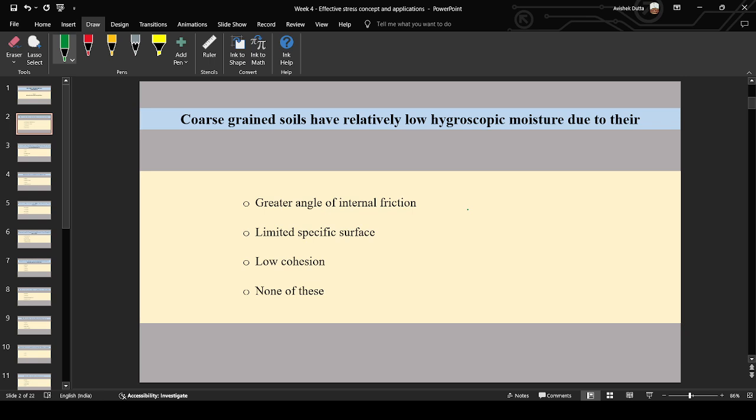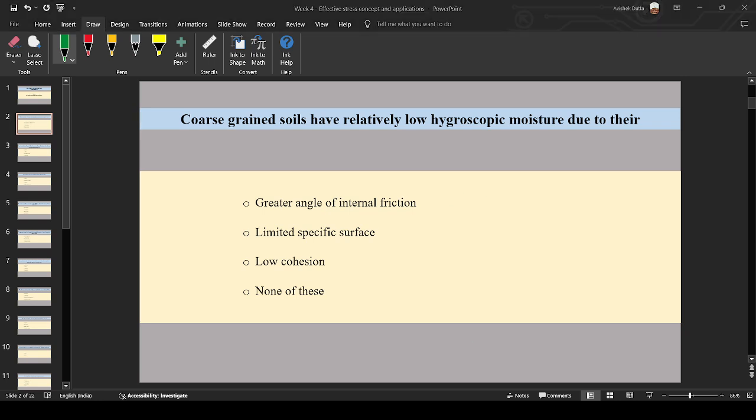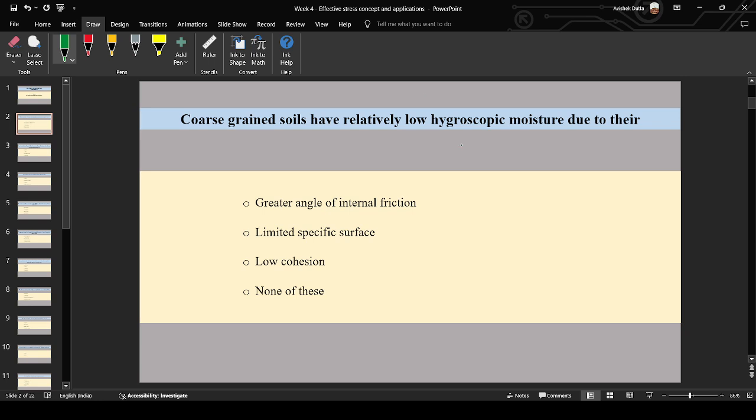Specific surface is the surface area per unit mass. It is less in the case of coarse grained soils because they have a lesser number of particles per unit mass. So when the specific surface is less, the surface for the moisture to adhere onto becomes less, and hence it results in low hygroscopic moisture.